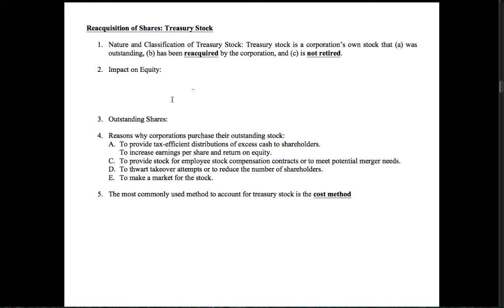Treasury stock is a corporation's own stock that A, was outstanding, B, has been acquired by the corporation, and C, is not retired.